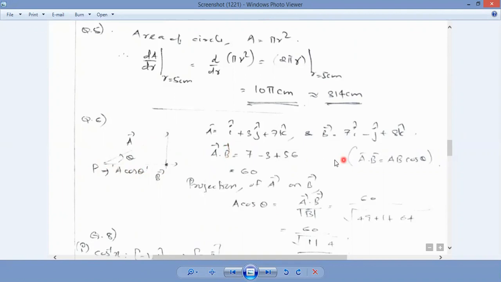You take the dot product a dot b, which would be 60, and the projection a cos theta would be a dot b by modulus of b. So that is basically 60 by modulus of b. Here this is the b vector. Modulus of b means root of bx squared plus by squared plus bz squared, which would give us the value 60 by square root of 114. So that's the answer.